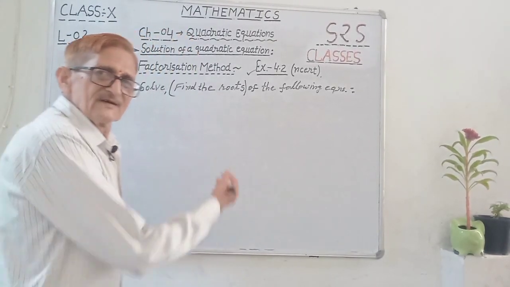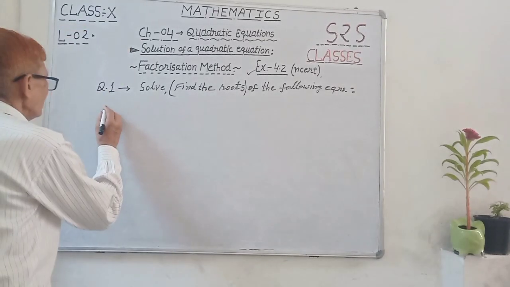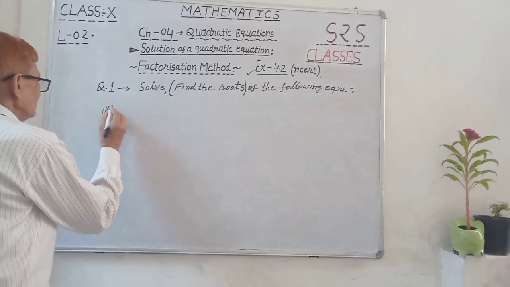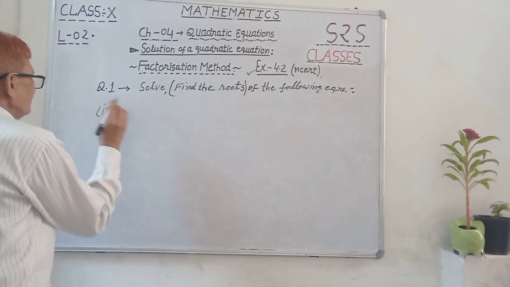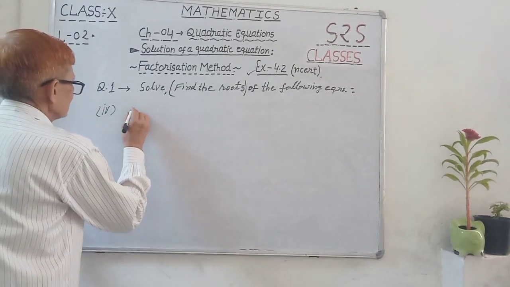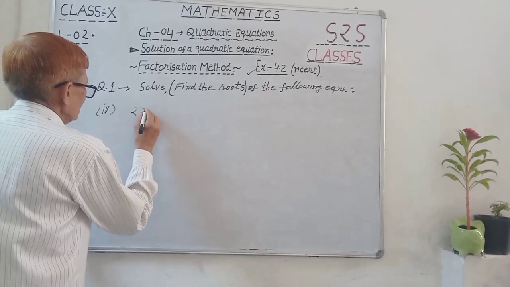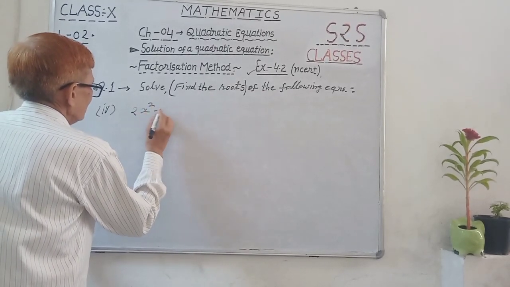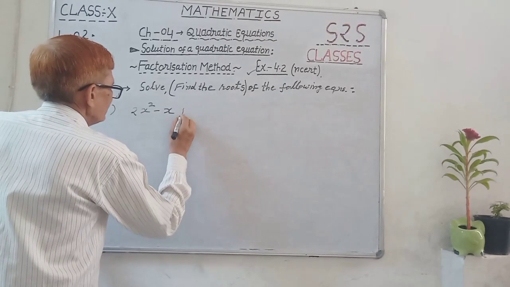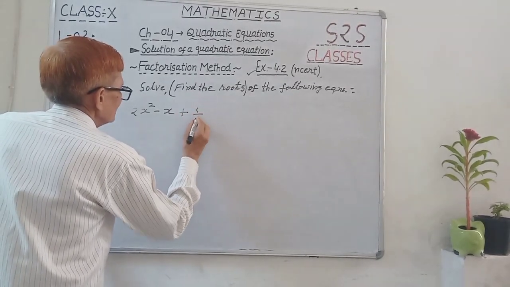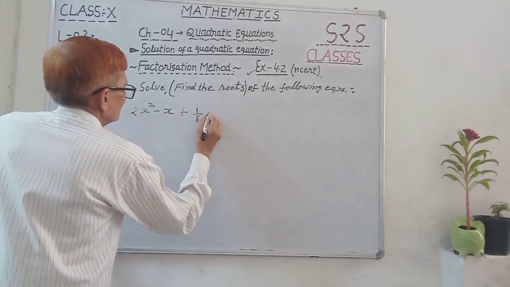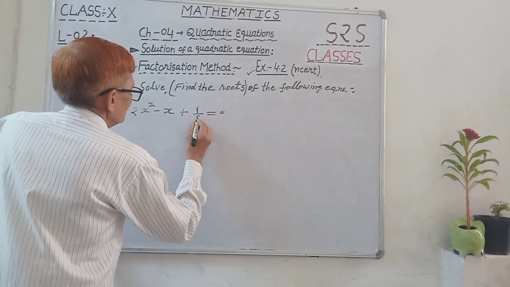Then here in the fourth part, what is it? 2x square minus x plus 1 upon 8 is equal to 0.